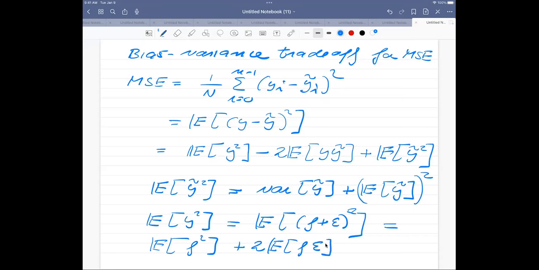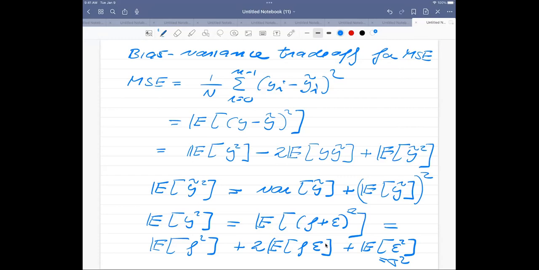And what we have next is the final term, which is plus E, the expectation value of this epsilon squared, which we have defined to be this variance. We assume that this epsilon follows a normal distribution with mean value 0 and variance sigma squared. So this term here is just sigma squared.